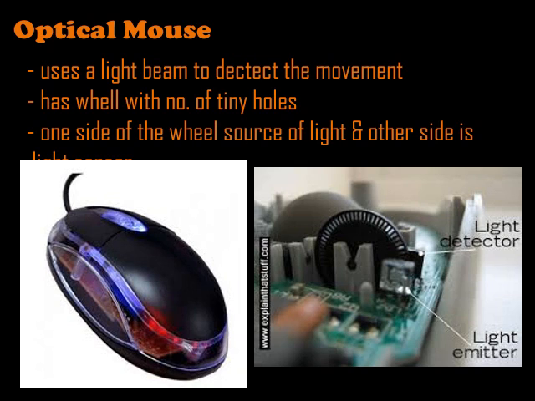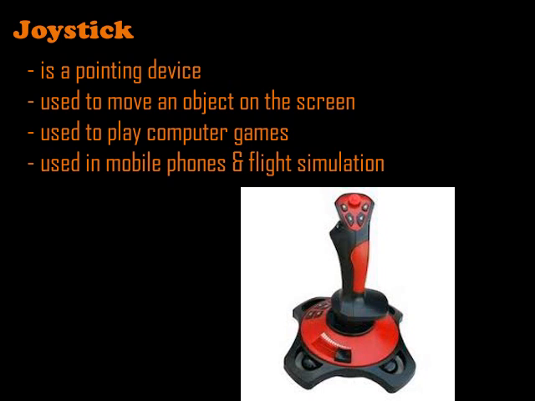Understand? One side the light is generating, the next side will sense this light and send the information to the computer. This optical mouse can use for long time comparing to the mechanical mouse, because it doesn't have a ball and rollers. Therefore, nowadays the optical mouse is used.